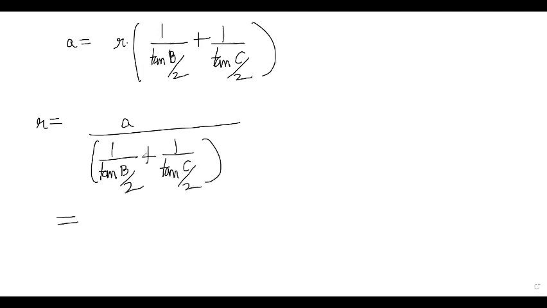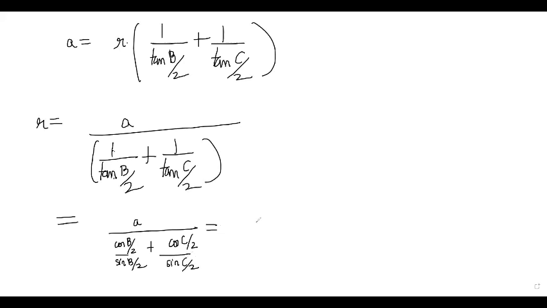Great. How is this useful? We will convert tan to sine and cos. So you can write it as A by cos B by 2 by sine B by 2 plus cos C by 2 by sine C by 2, right?